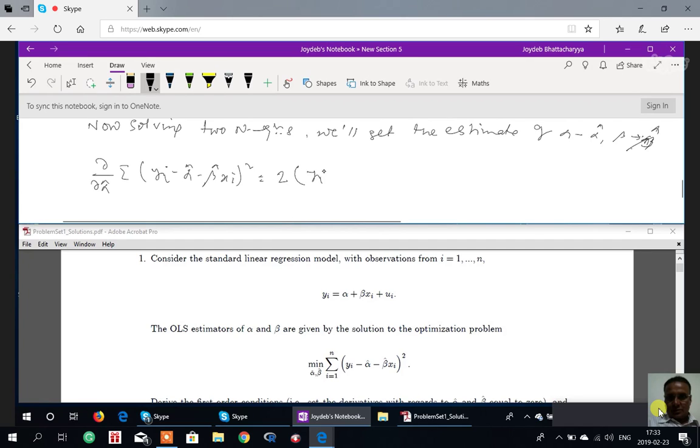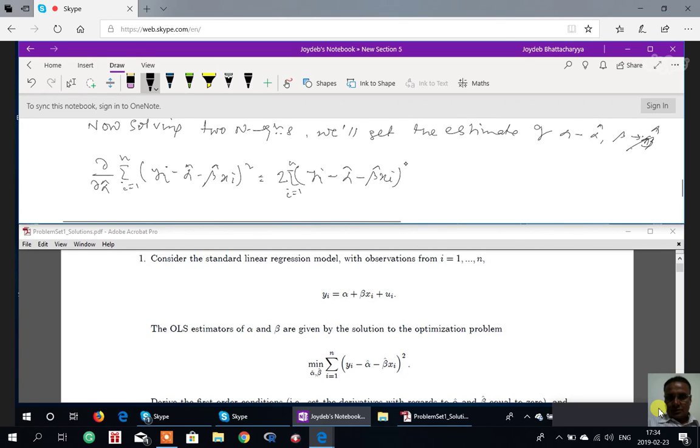So it is yi minus alpha hat minus beta hat xi. Sorry, there is a summation here, running from 1 to n number of observations. So this summation is also running here from 1 to n.